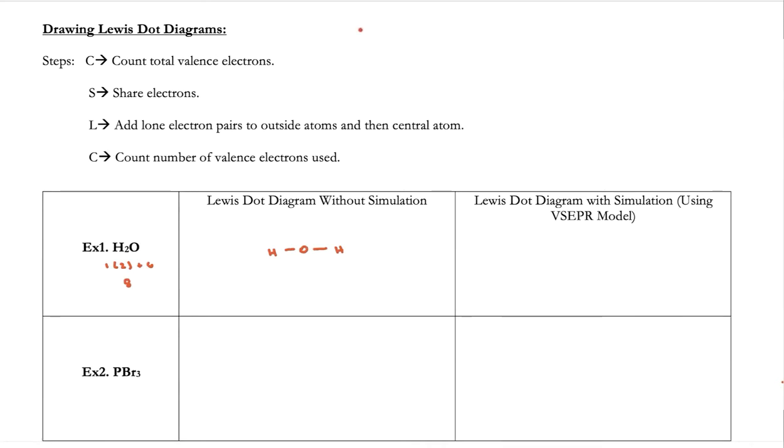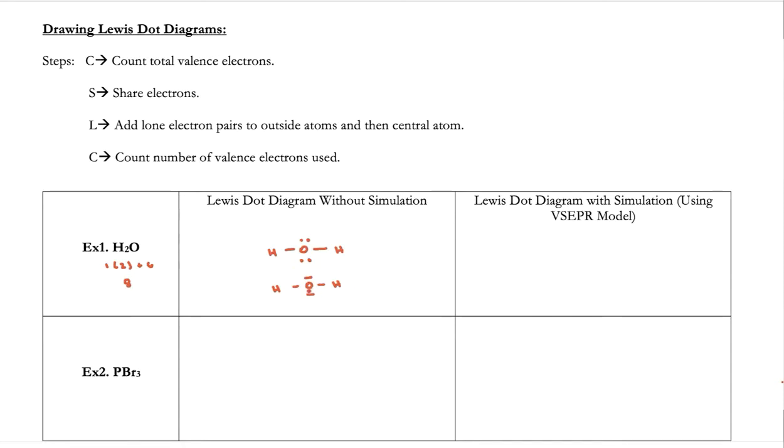So there are 2 different ways I can draw this. I can draw it with dots, so I can show 2 electrons here and 2 electrons here. The easier way, personally, I feel, to draw this is instead of showing dots, you can represent 1 pair of electrons with lines. So you can show it with 1 line on top and 1 line on bottom.